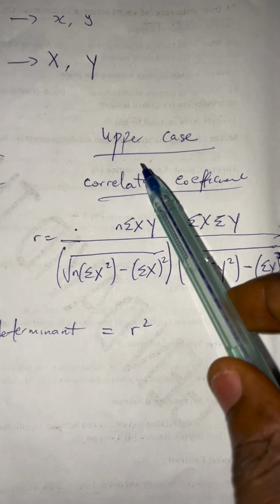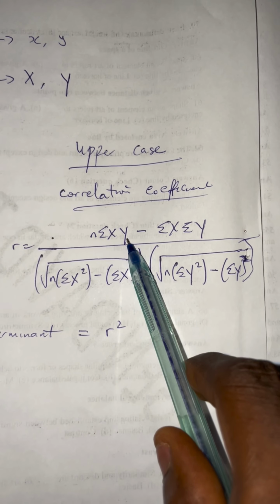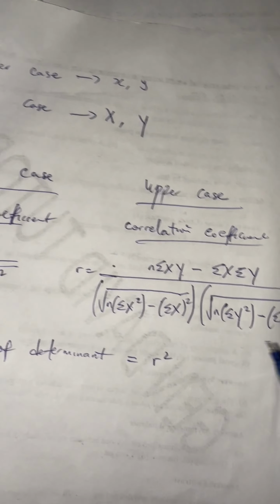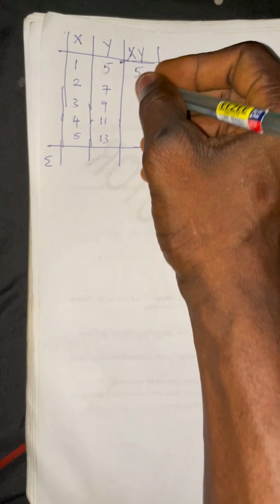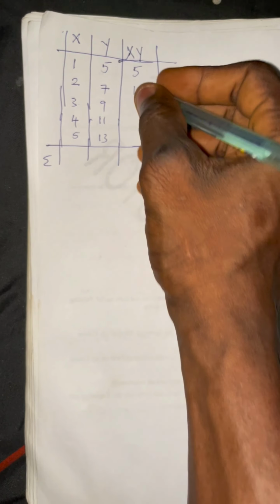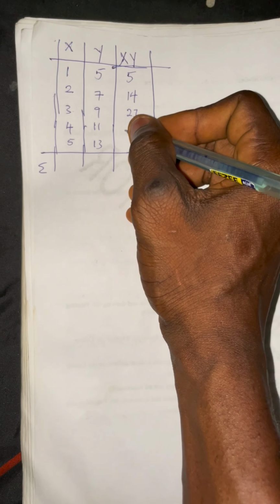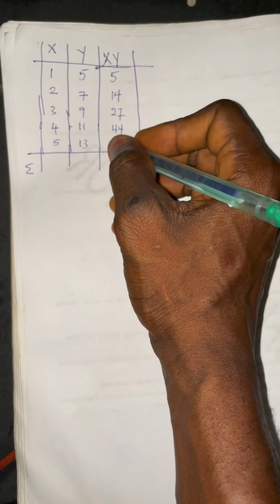And what's the formula we need? We need xy. We need x squared. We need y squared. So let us find that. Now what is xy? Capital letter X, capital letter Y. So we have to multiply X with Y. So that means we have 1 times 5 to be 5, 2 times 7 to be 14, 3 times 9 to be 27, 4 times 11 to be 44, then 5 times 13 to be 65.